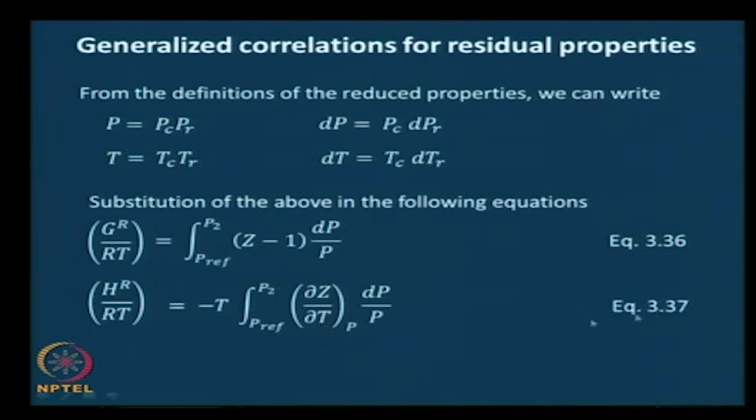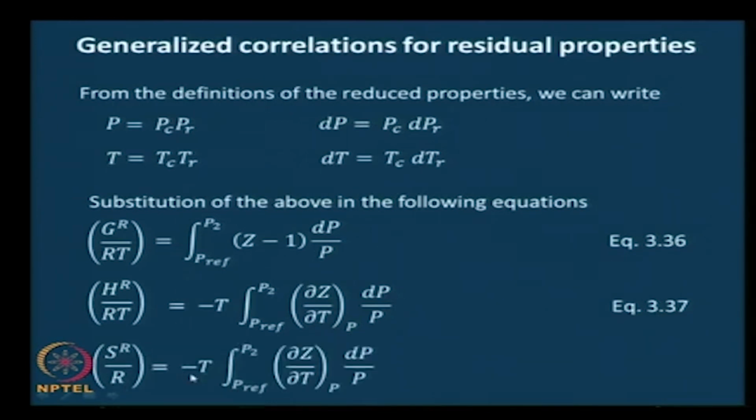This was equation 337, and SR by R equals minus T integral of P reference to P2 dou Z dou T at constant P dP by P minus integral P reference to P2 Z minus 1 by P dP, equation 339.